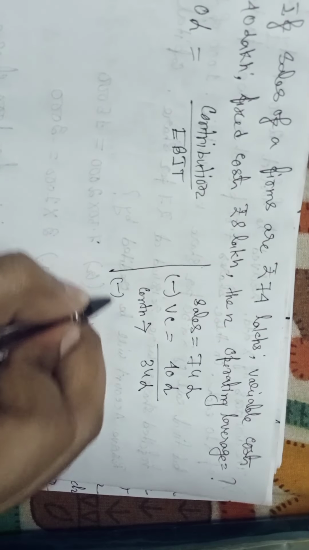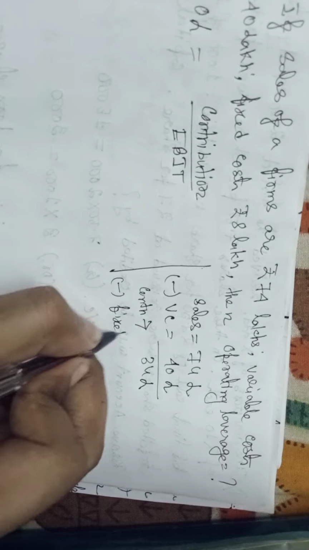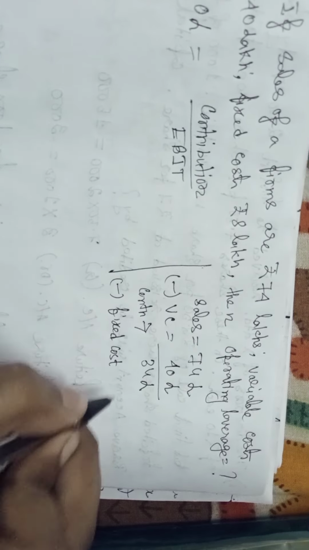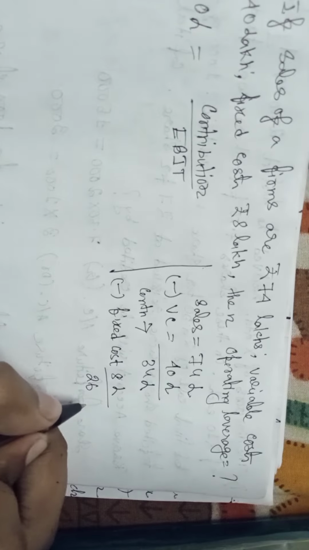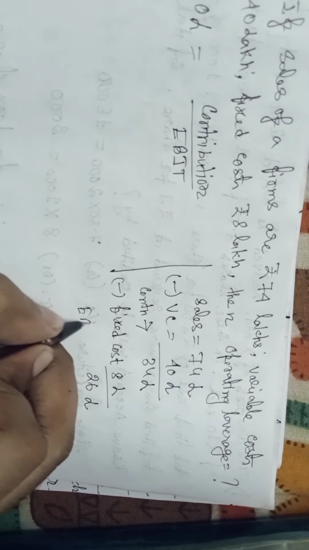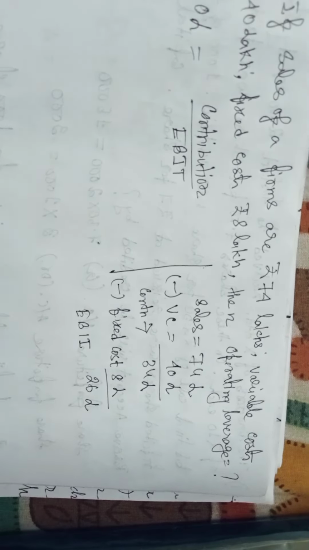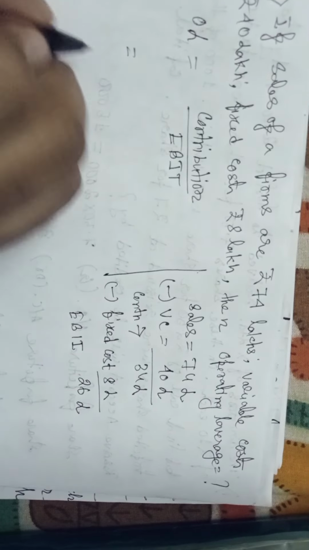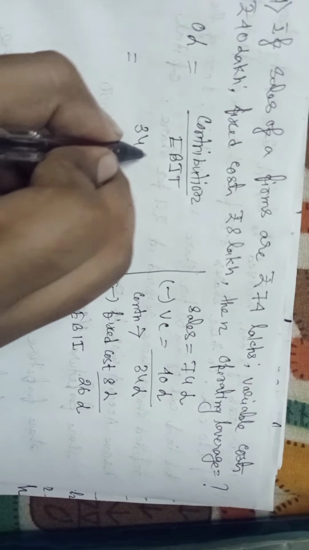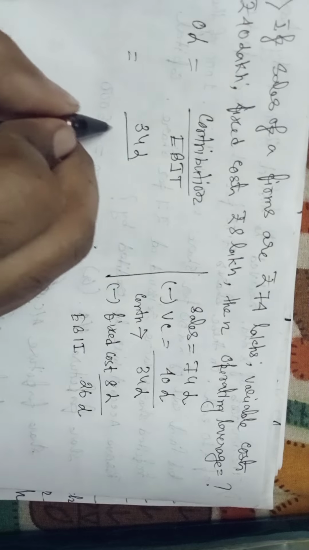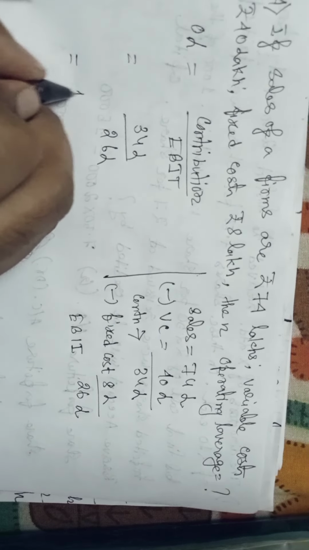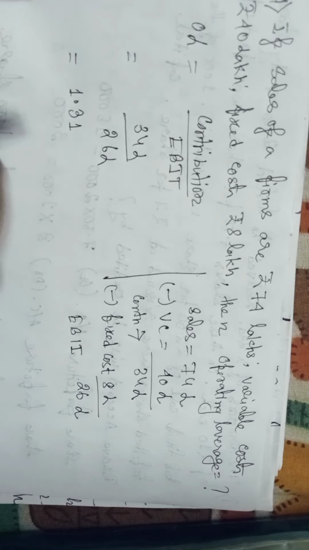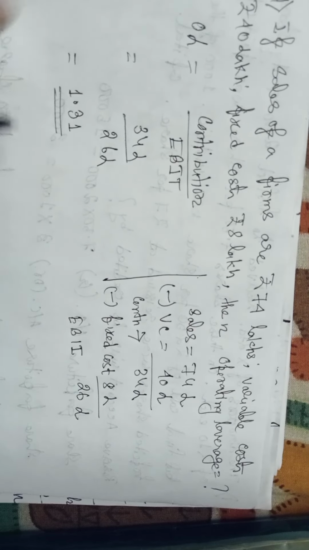Then we have to deduct the fixed cost which is 8 lakh, we will get 26 lakh which is EBIT. Now we have to put this into the formula. Contribution is 34 lakh and EBIT is 26 lakh. If you solve this, you will get 1.31 approx. So this is the operating leverage.